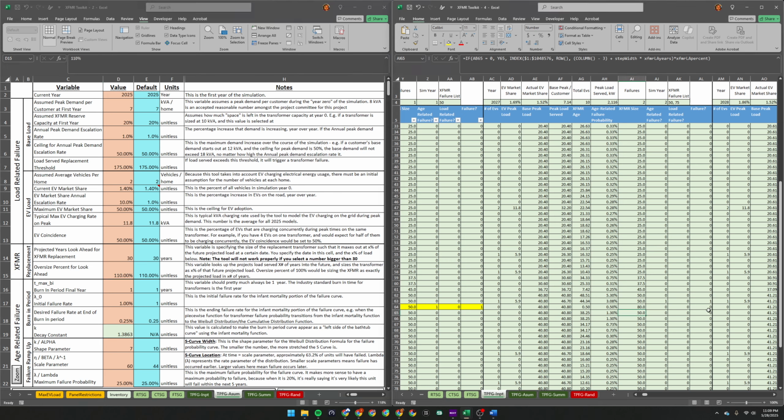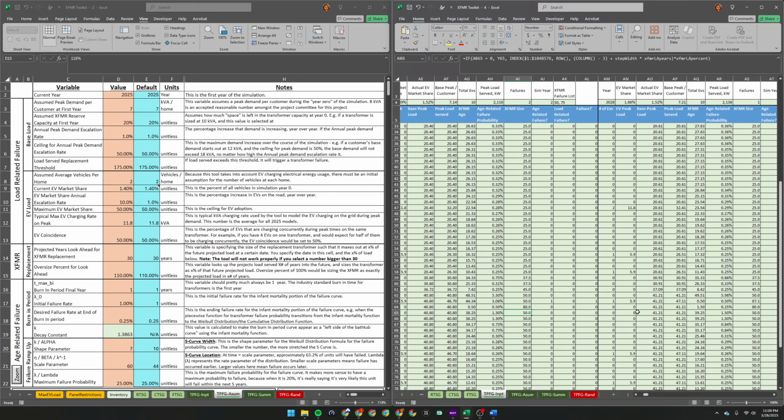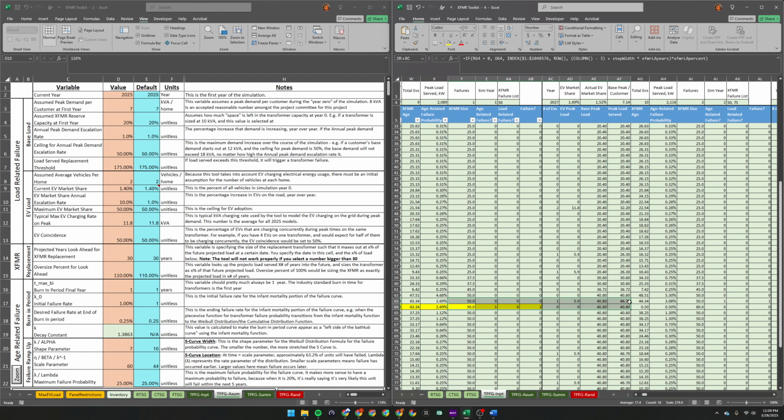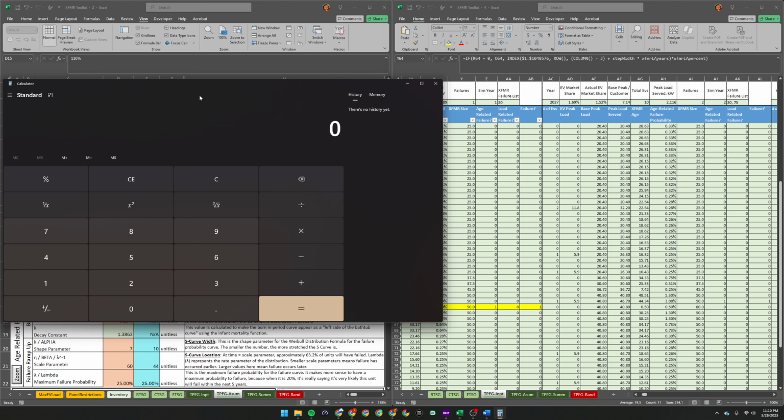And so if I were to look this up, to get from 50 kVA here to 80 kVA there, if I were to look 30 years ahead, let's just calculate it out. The load would be 80 divided by 1.1.